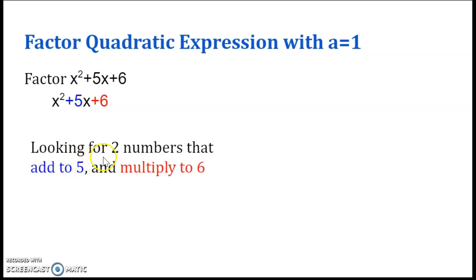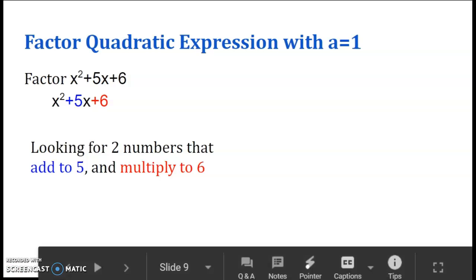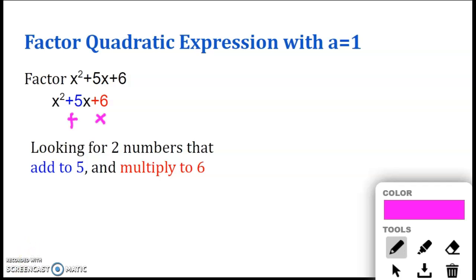So we're looking for two numbers that add to 5 and multiply to 6. Okay, so I am putting the plus sign on top of the middle number, and the multiply sign underneath the last constant to help me to remember.